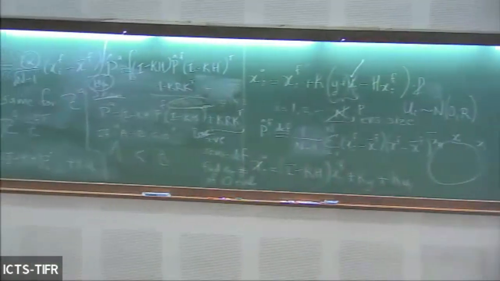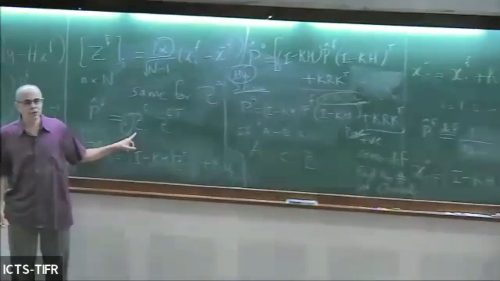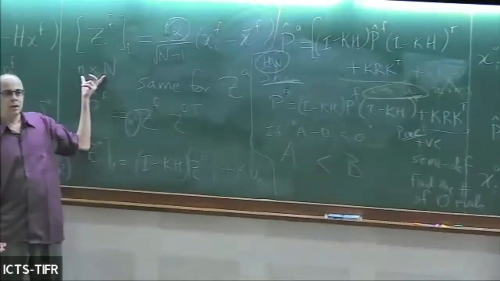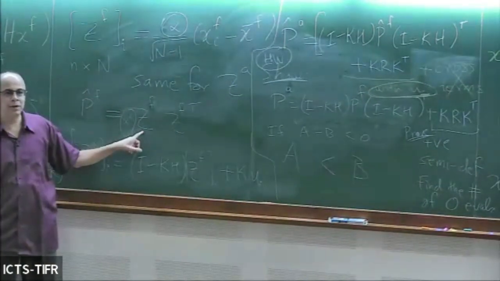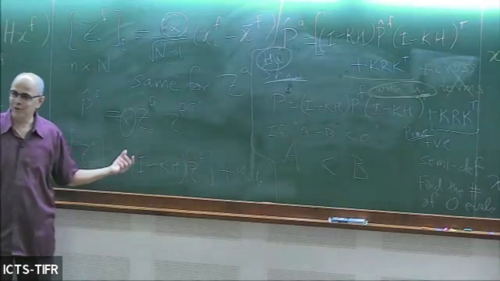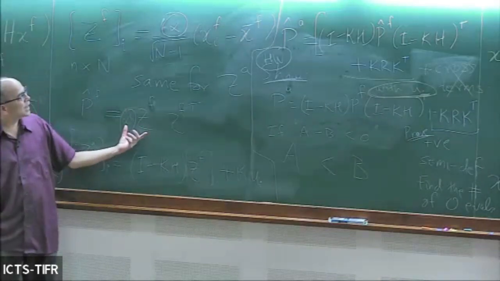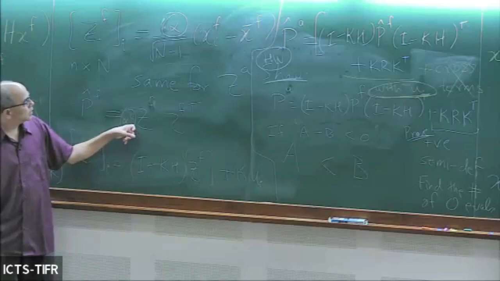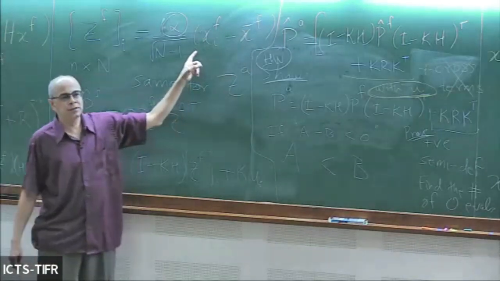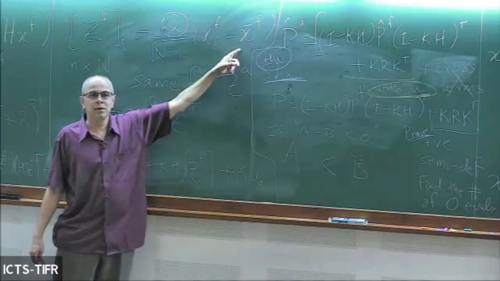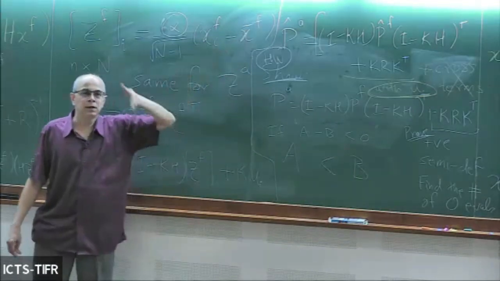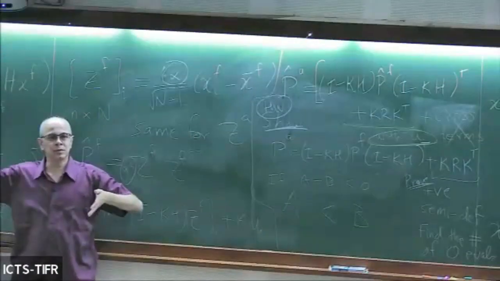So this matrix will have a dimension of n cross n. The rank of this matrix, by the way, okay, so let's talk about rank. Look at the columns of this matrix. They are xi minus x bar, right? So what is the sum of all the columns?